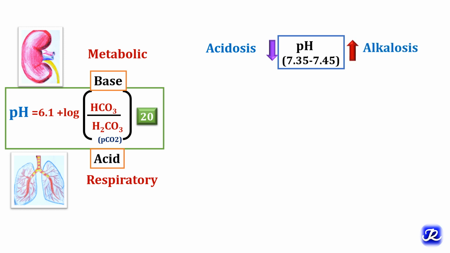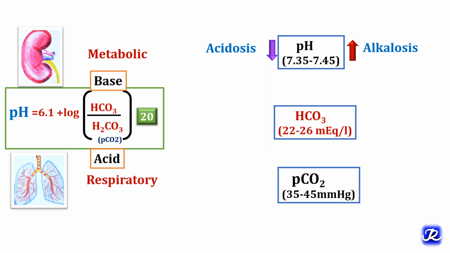Now the second step is to identify whether it is a metabolic disorder or a respiratory disorder. For that, we require the value of bicarbonate to identify the metabolic disorders, and we require the value of partial pressure of carbon dioxide to identify the respiratory disorders.